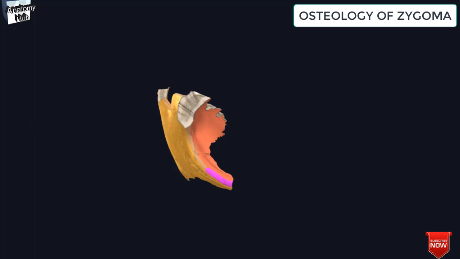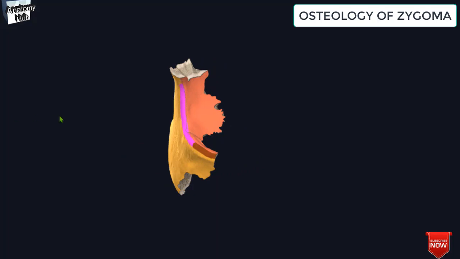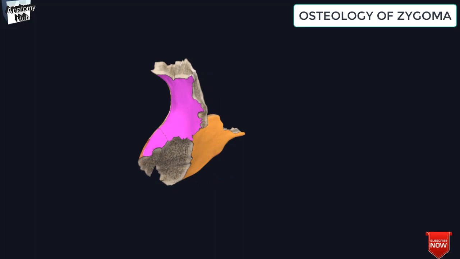Like that, you will find the lateral surface of the zygomatic bone, that is the external surface of this bone, and it forms the lateral part of the face. You will find the orbital border over here. This orbital border of the zygomatic bone forms the anterolateral border of the orbit, and you will find the orbital surface over here that we have already discussed.